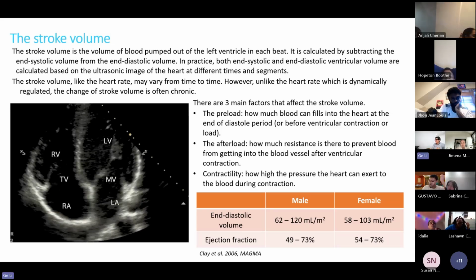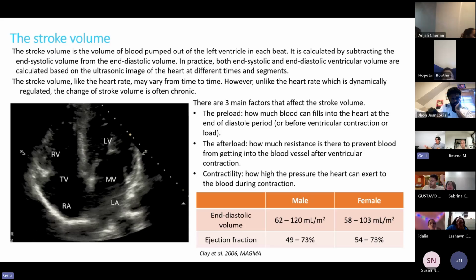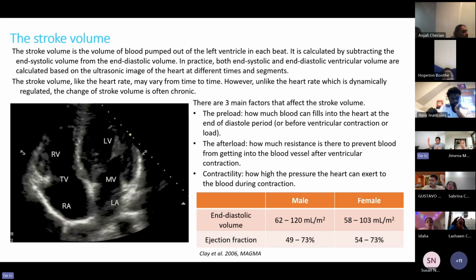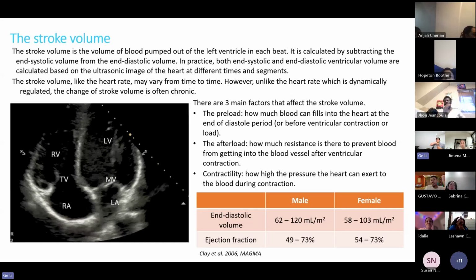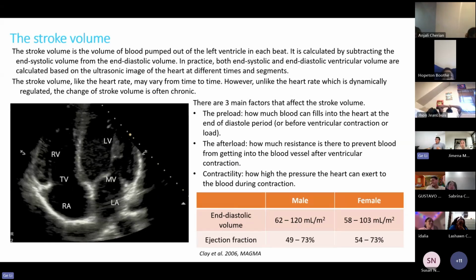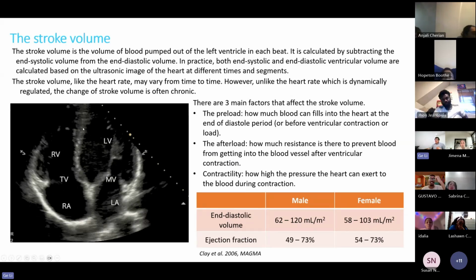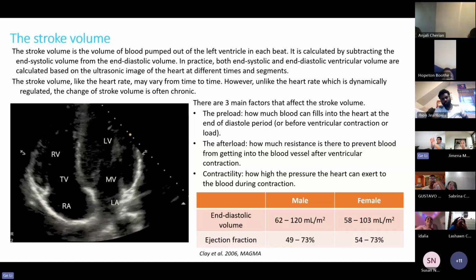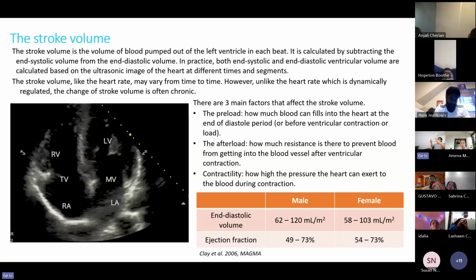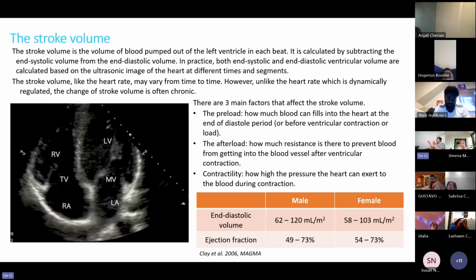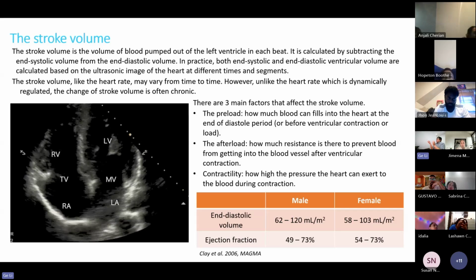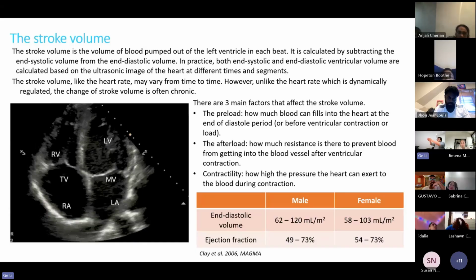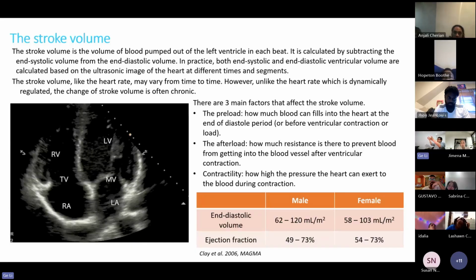It'll kill me. Really. So in practice, this volume is not calculated by really measuring how much blood is pumping out of the heart. Rather, it's taking images of the heart, and the heart is beating like this, boom, boom, boom, right? And then it calculates the volume of the ventricle. What is the smallest volume of the ventricle, and then the largest volume of the ventricle?